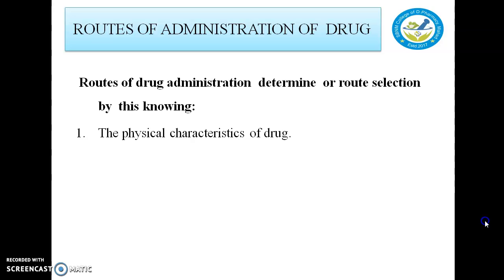The route of selection is determined by knowing these. Next is the time at which the drug is absorbed and released. Particularly the rate of absorption or rate of distribution requires time to be absorbed from the site of application or administration site. So that can be important in route selection.